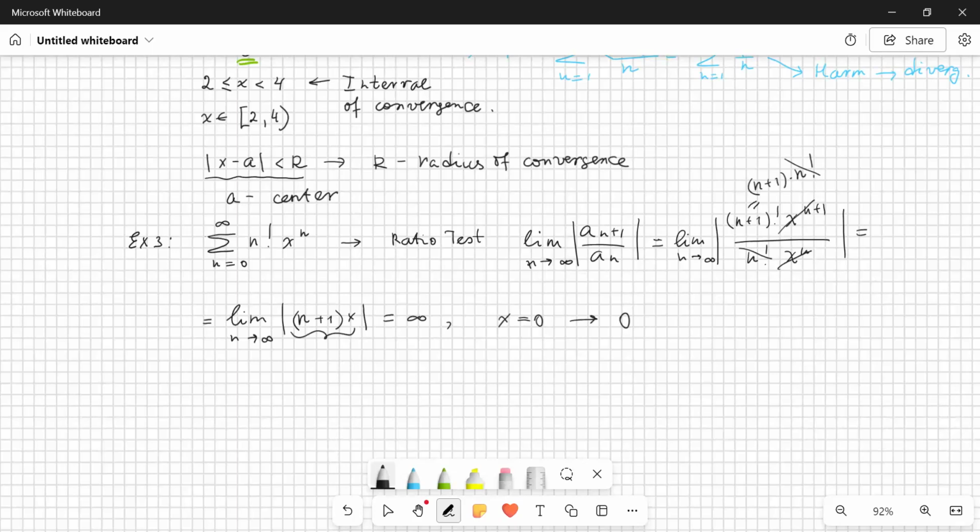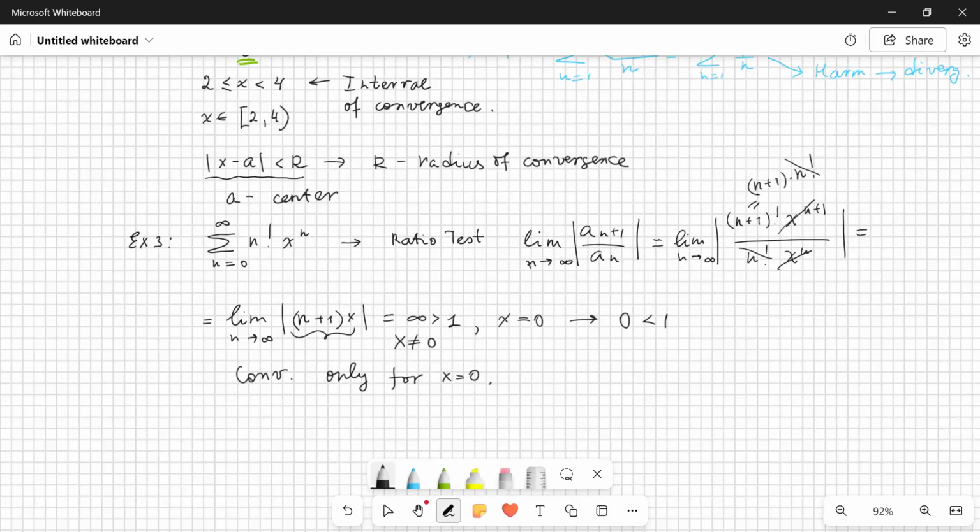So actually, guys, this series is convergent only for x equals 0. For all others, because 0 is less than 1, and this one is definitely greater than 1, right? For all other x's, it's going to be divergent.